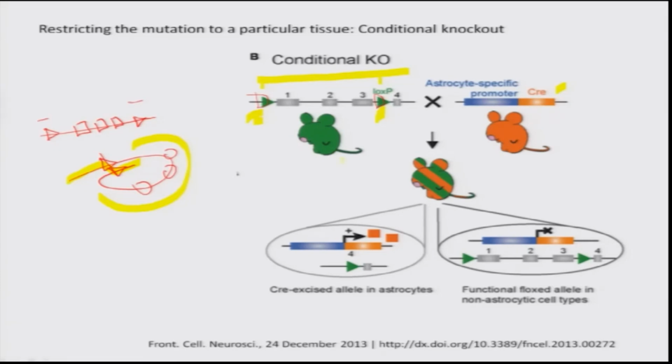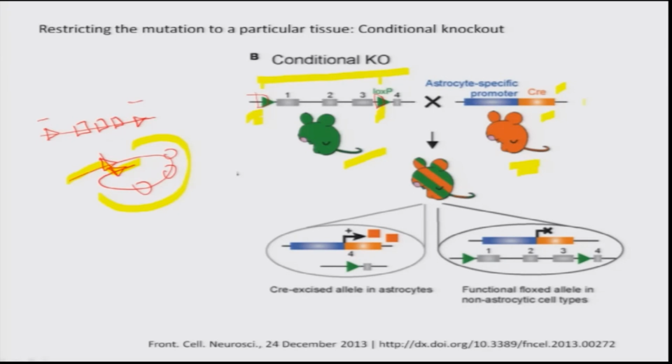So you are going to cross an individual animal in which you were able to put LOXP on either side of exon 3 in the embryonic stem cells, you selected the embryonic cells, and you made the animal. Now in the animal genome you have this. Now you cross that with a transgene, this different method that we discussed earlier, wherein you are expressing a Cre recombinase. Now the question is where the recombinase would express.